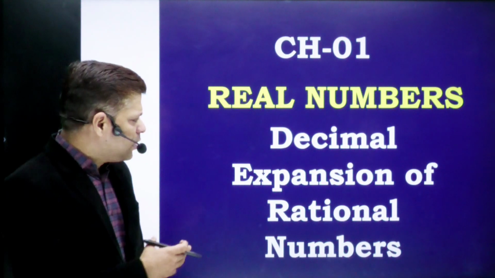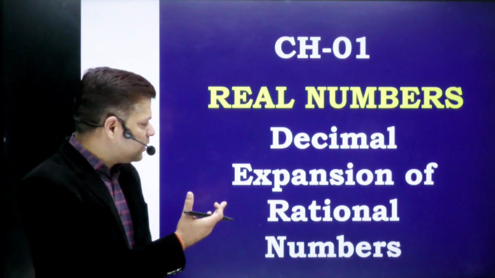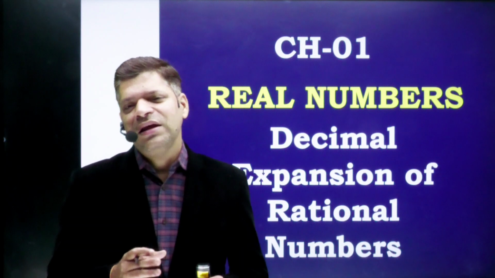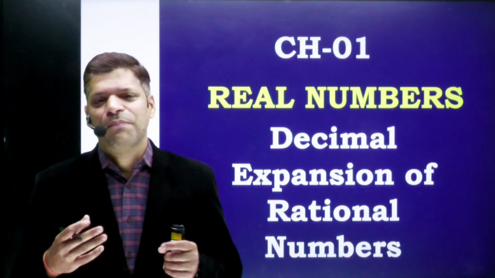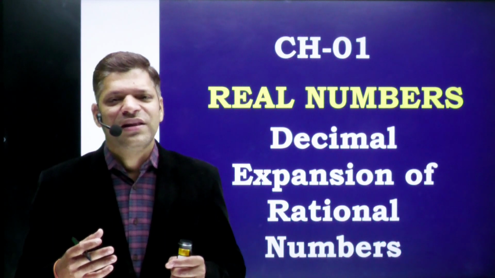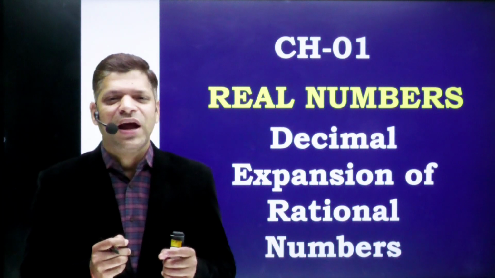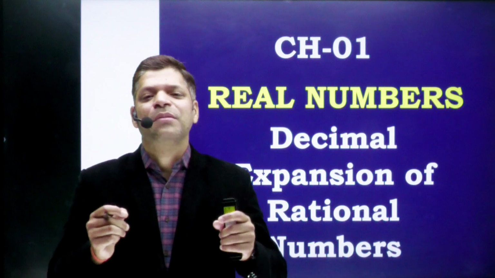So in this lecture we want to find the decimal expansion of rational numbers without any long division, that is, which concept we apply to understand which rational number will be terminating and which will be non-terminating and repeating.